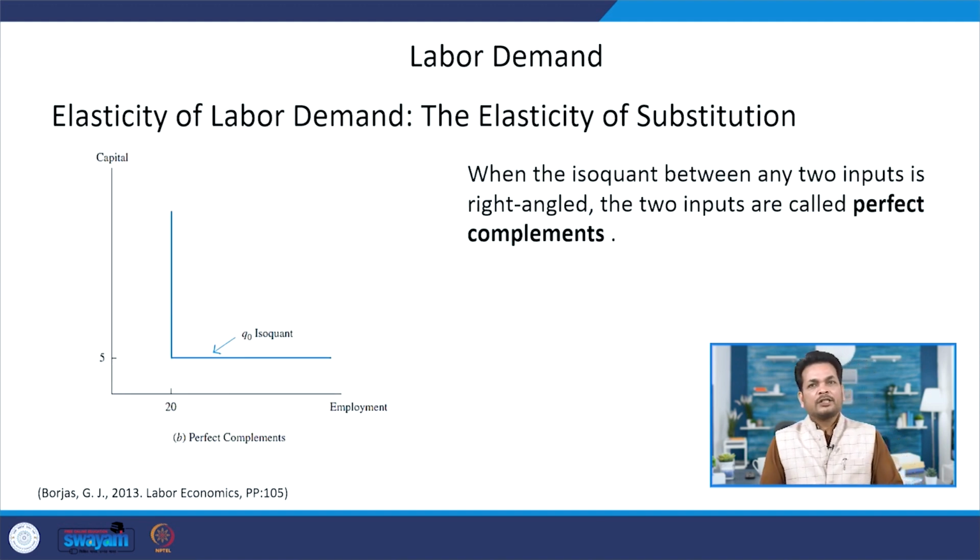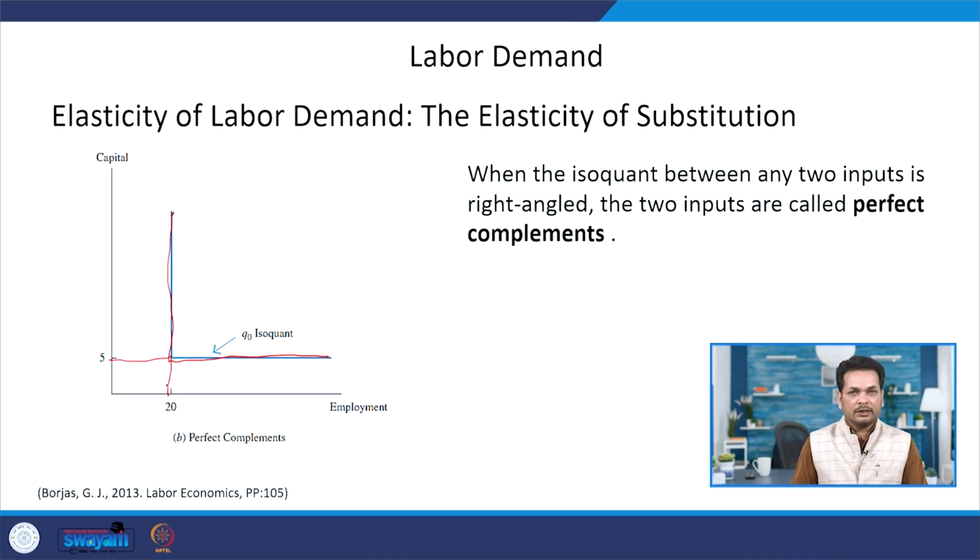When the isoquant has a right angle shape, as shown in this graph, you can see that to produce Q0 level of output, the firm is employing 5 units of capital and 20 units of labor.